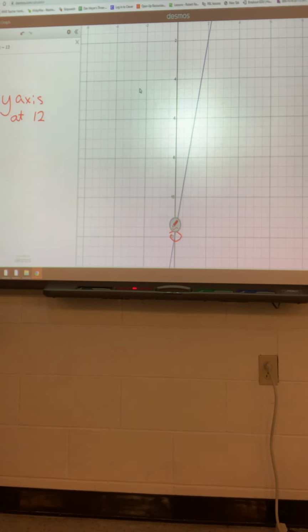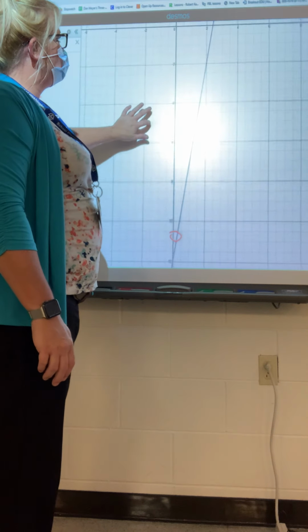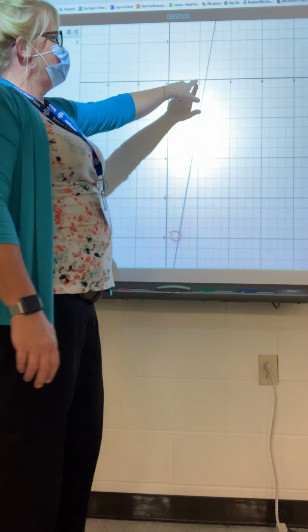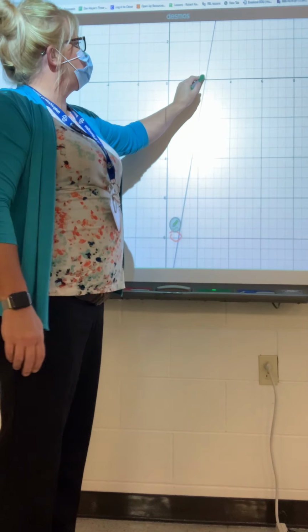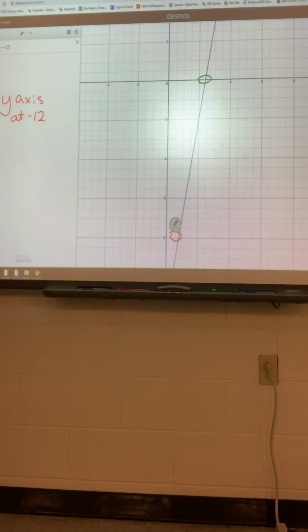On 12. Negative 12. Let's see if it'll let me scroll it. I can see where it crosses the x-axis, but I don't know what that decimal is. Are you guys with me on that? I can't really tell, but I'll say x-axis close to 2.